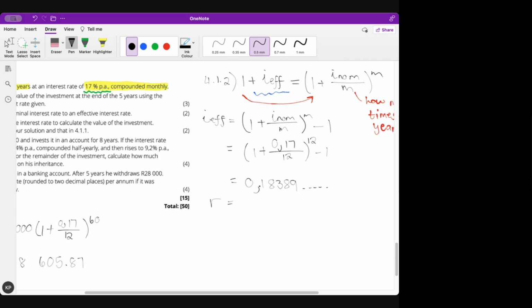Then how do I do that? That's just your I multiplied by 100. Okay, so then R, the interest rate, will be 18.39%. Can I have a thumbs up, thumbs down, please, guys?